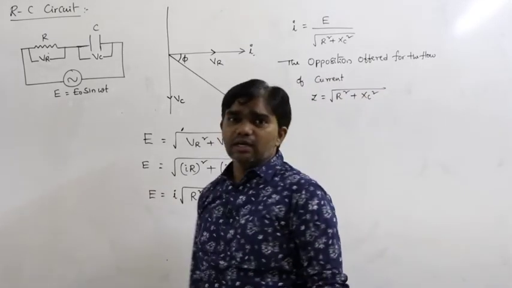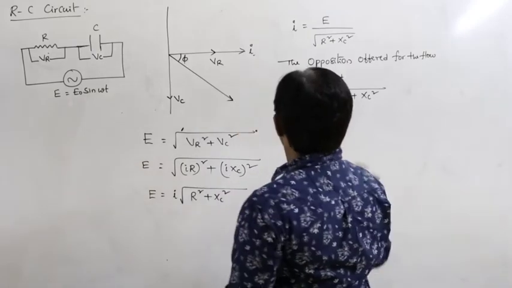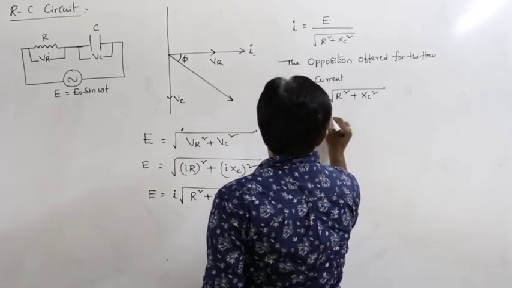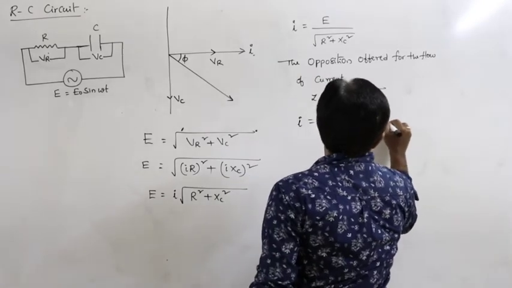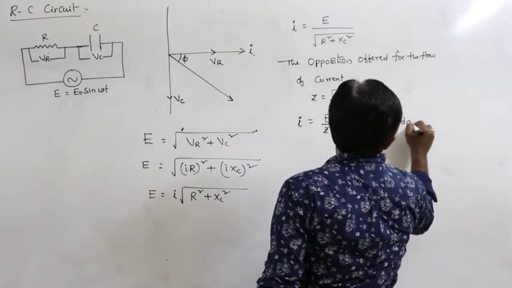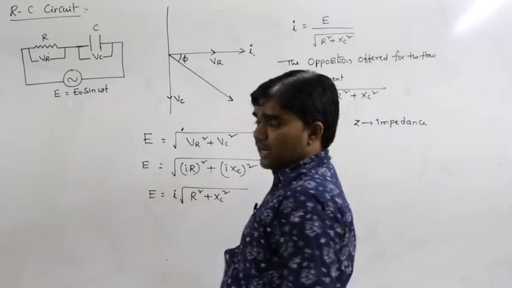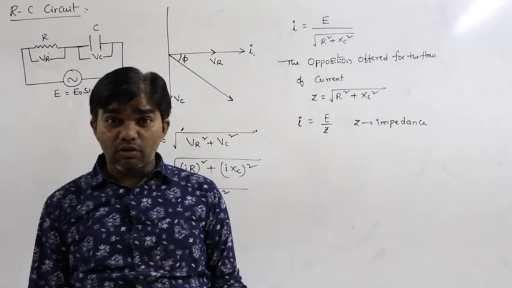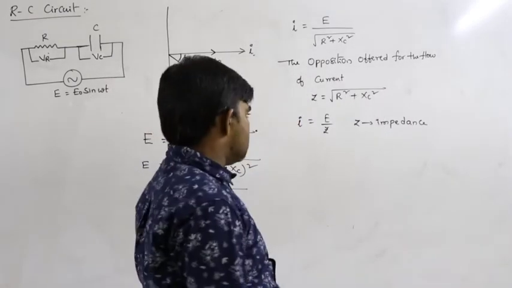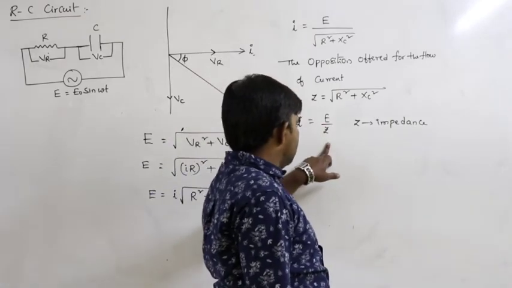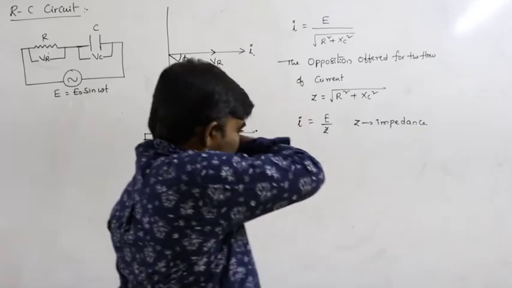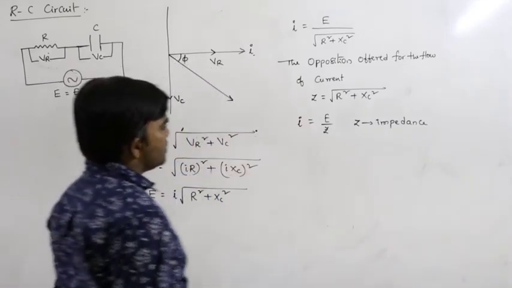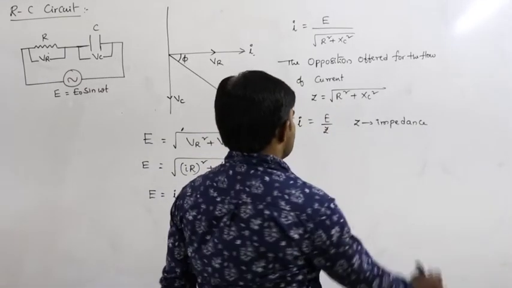What is Z here? Impedance. Generally I can be written as E by Z, where Z is impedance. The reciprocal of impedance is called admittance. Therefore, I is equal to E by Z, where Z is called the impedance of the circuit. So Z is equal to square root of R square plus XC square.